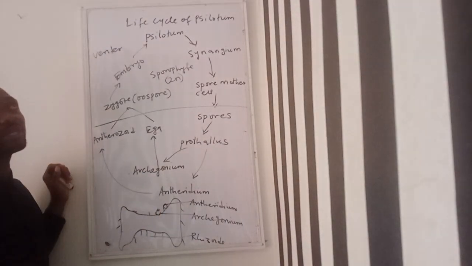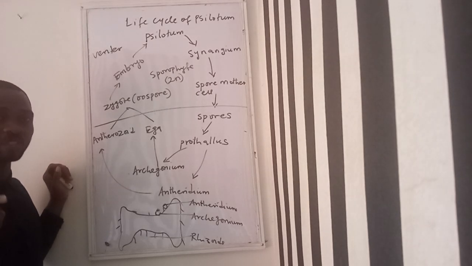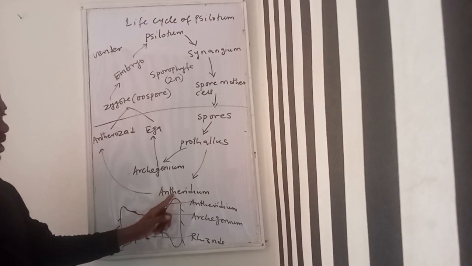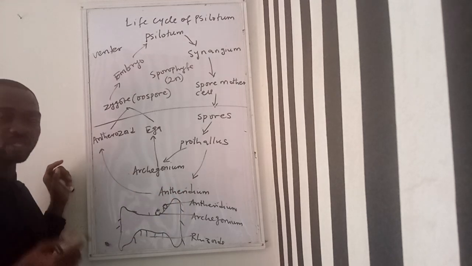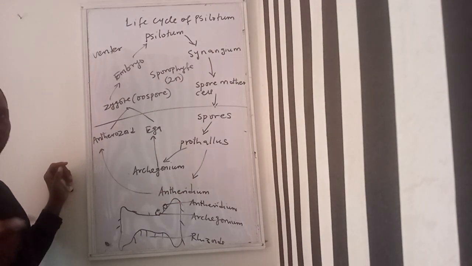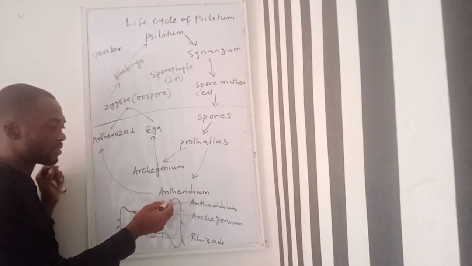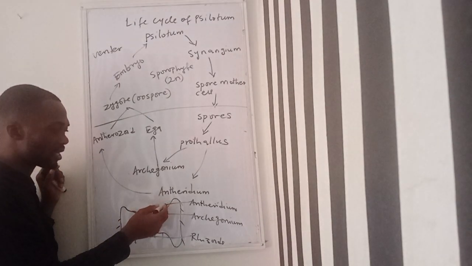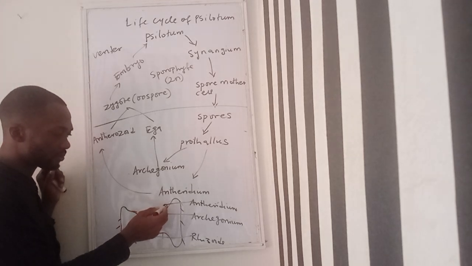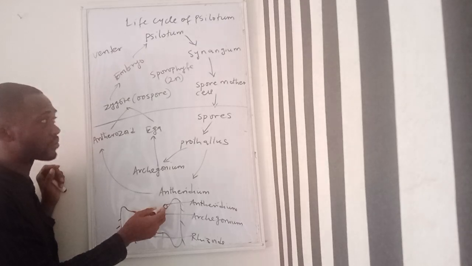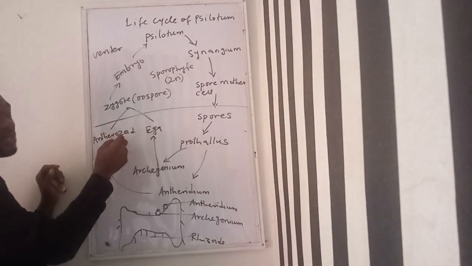So if fertilization is to occur, the antheridium is released, and with the help of water or dew, it flows down. Look at it here. This is antheridium. Once it is released, it is multiciliate, the anterozoids.